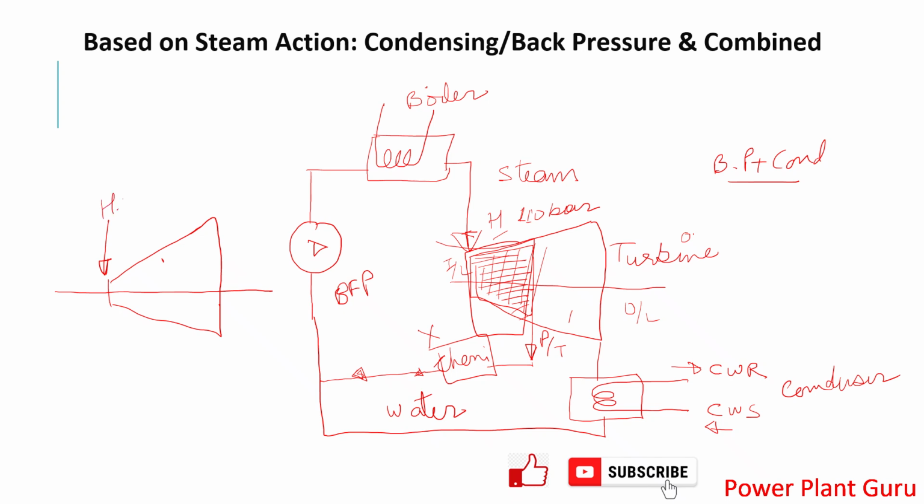Maybe you are drawing some HP steam here, and then some IP steam, then medium pressure steam, and then you are having a condenser also. Let's say whatever process you are running through this IP steam is pressure sensitive or flow sensitive, and you want to control that.